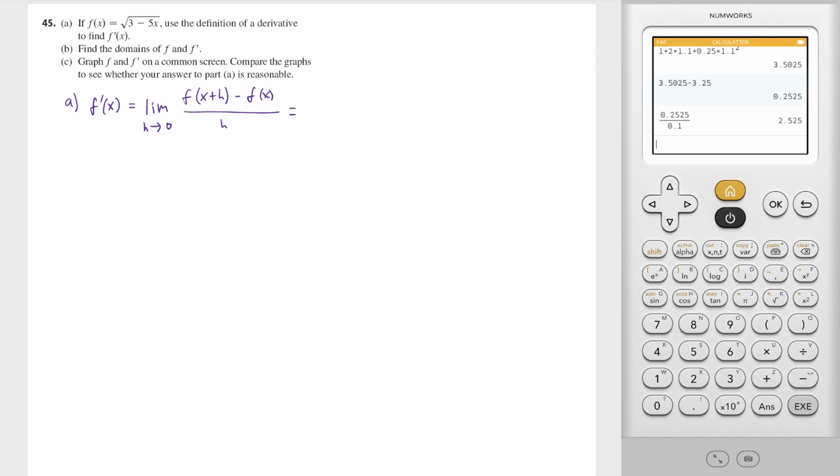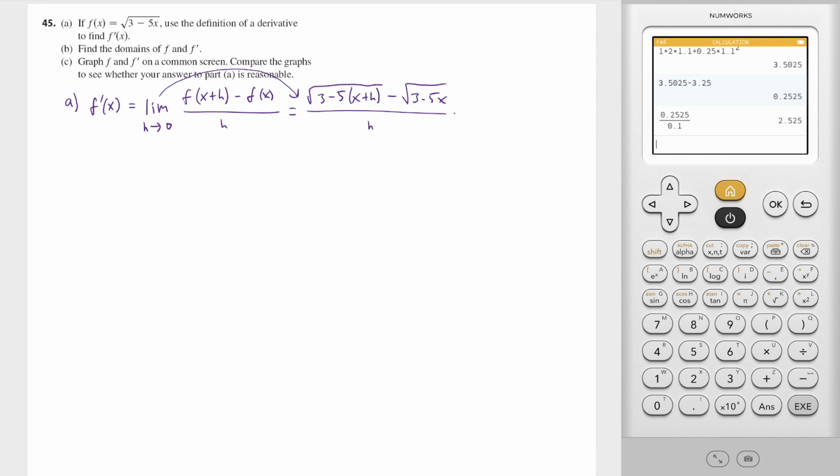This is going to be the square root of 3 minus 5 times x plus h, minus the square root of 3 minus 5x, all divided by h. Wouldn't you know it, I forgot to write the limit. There we go, it should say limit in front.